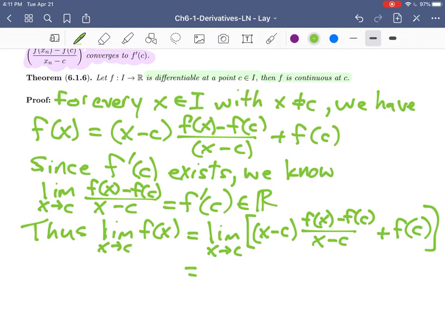This part here, the x minus c, should be approaching 0.